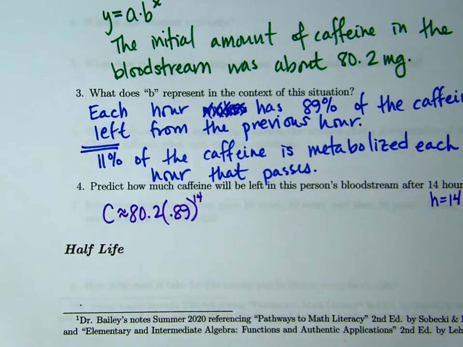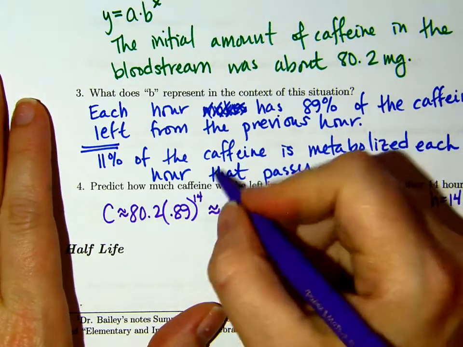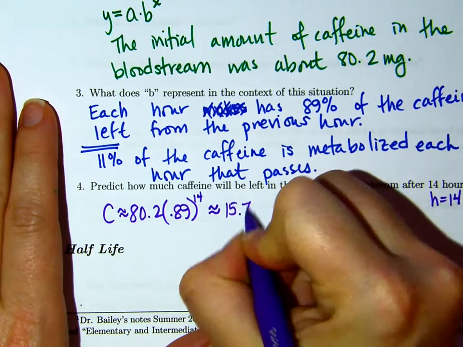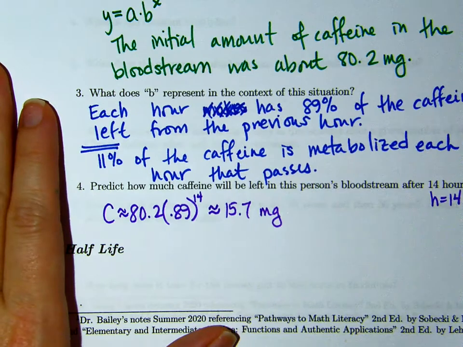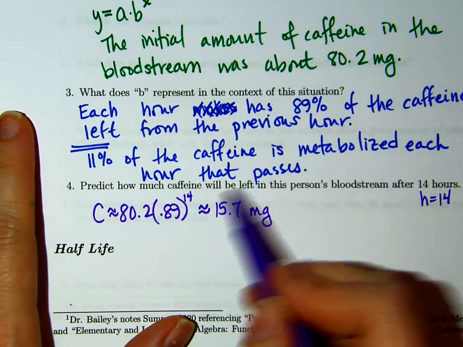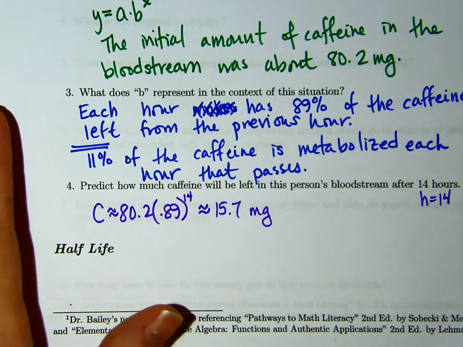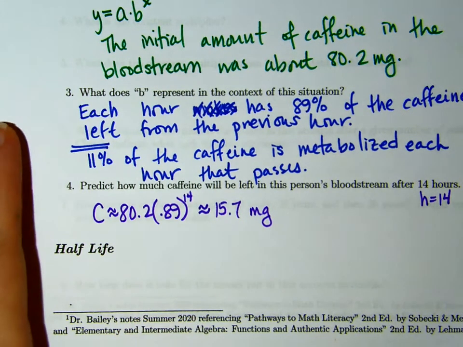Let's see how much that is with my handy calculator. 80.2 times 0.89 raised to the 14th power. That is approximately 15.7 milligrams. So predict how much will be left 14 hours later. About 15.7 milligrams. Didn't really completely go away, but it's on its way out.